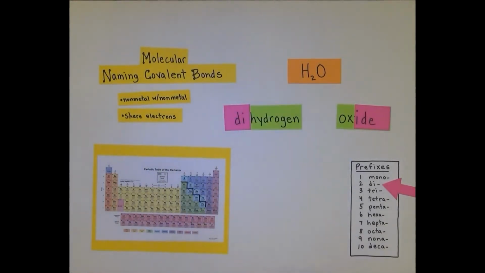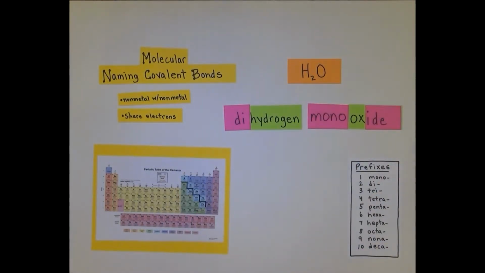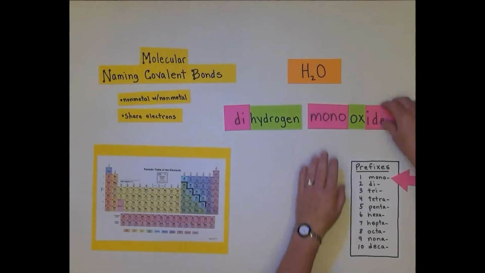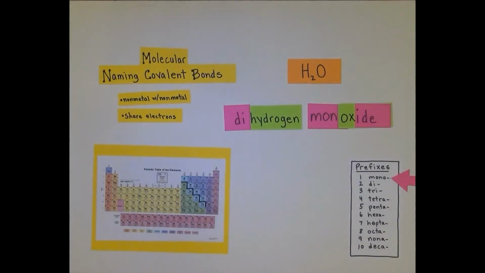And then we come over here to oxygen, and there is one oxygen here, or else it wouldn't be in the formula. So we find what the prefix for 1 is, and we see that that is mono, and so we're going to place that in front of oxygen. Now, you see here that there are 2 O's right next to each other. That's kind of hard to say, so instead of keeping those 2 O's we get rid of one of them, and so we call this monoxide.